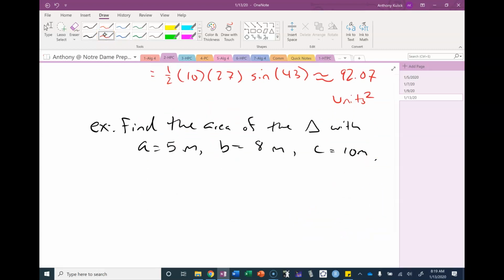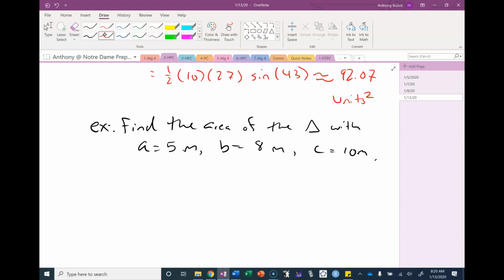So next one, let's say we want to find the area of the triangle with side lengths of 5, 8, and 10 meters respectively. Notice this is a side, side, side situation. So what do we need to do before we start doing any calculation?